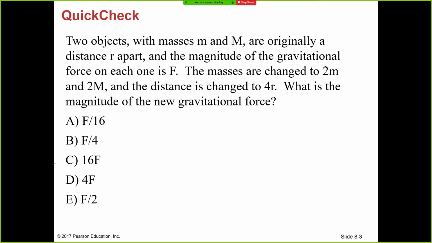So let's look at this one. Again, two masses, small m and big M, and they are distance r apart, and the magnitude of the gravitational force on each one is F. So F is the force between the two. Now the masses are changed to 2m and 2m.